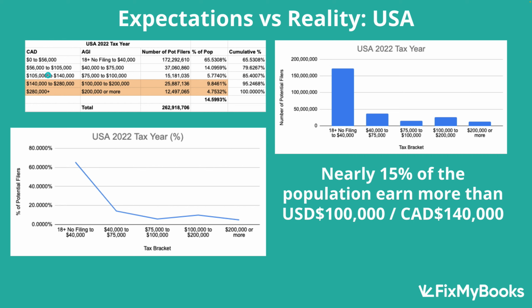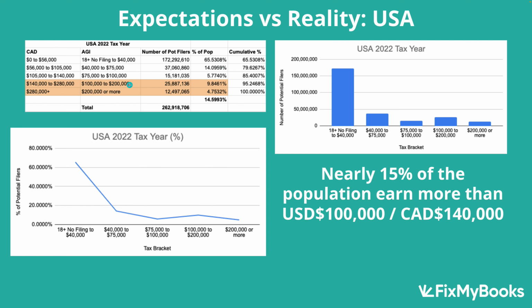But as we go through this, you see that you've got 56 to 105 CAD, which is very similar now to what we had before, which was 50 to just over 100, which is 40 to 75,000 US, which is 14% of the population.